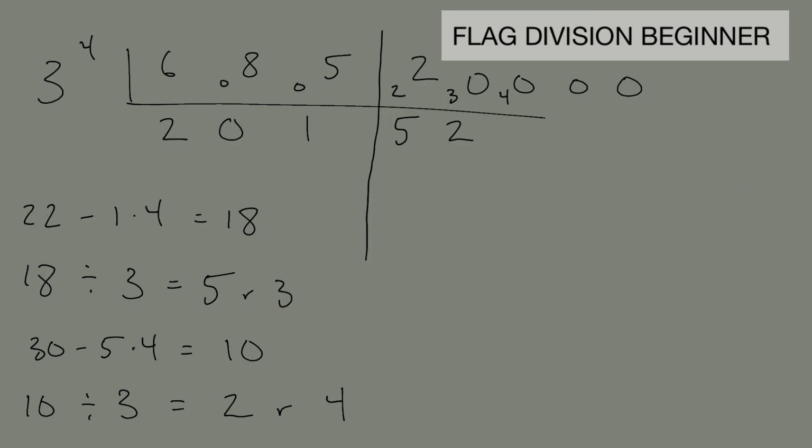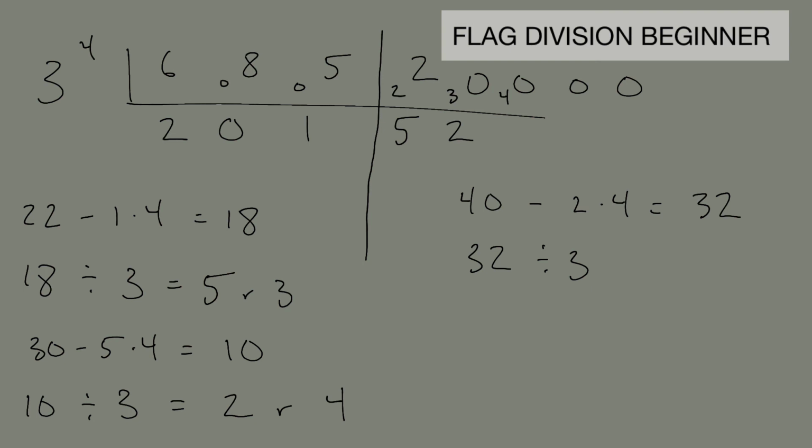Now we have this number here, 40. 40 minus 2 times 4 is 40 minus 8, which gives us 32. Now we take this number 32 and divide by 3.